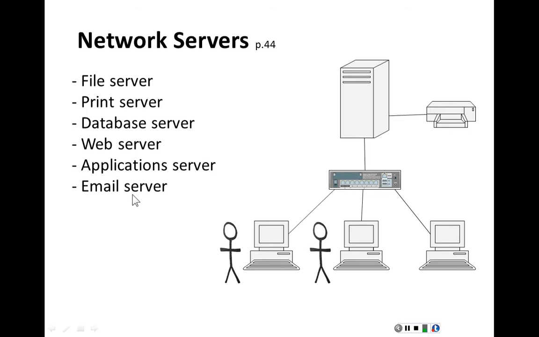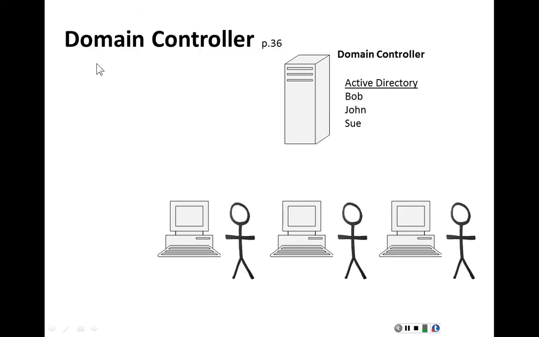And one type of server that I would like, in particular, to bring your attention to is called a domain controller. It's also called a login server. A domain controller has Active Directory installed on it, and Active Directory is a database of usernames and passwords that allows users to log in.